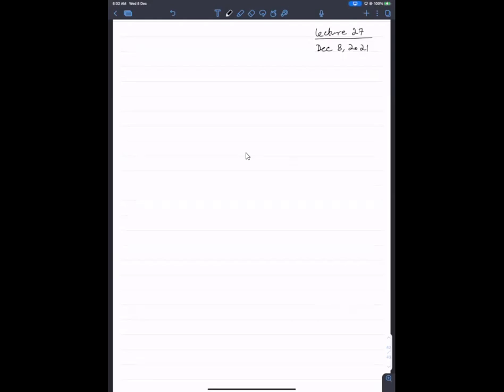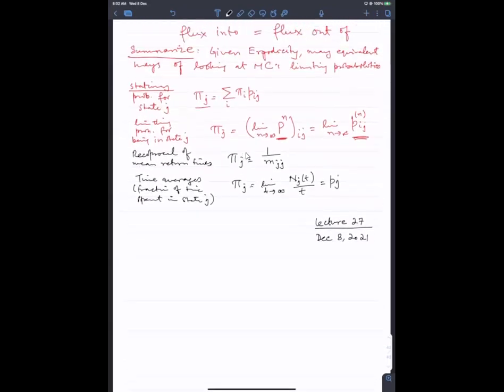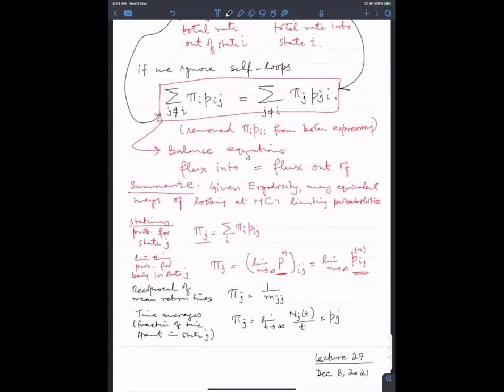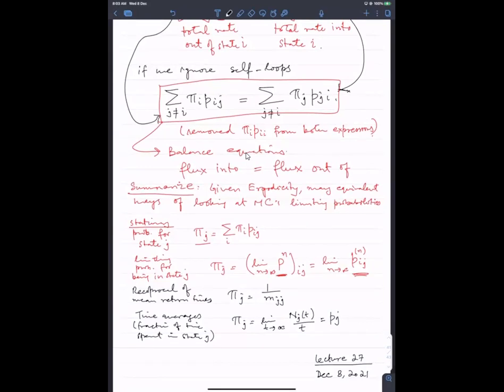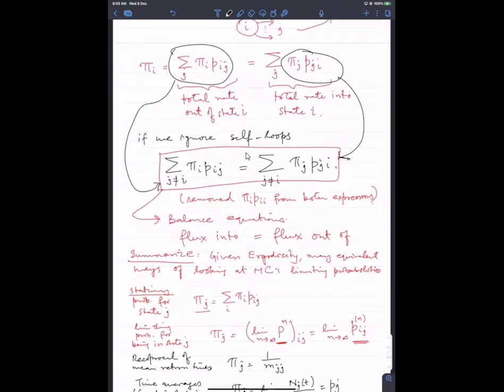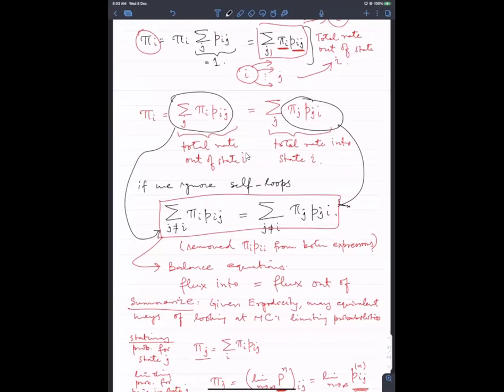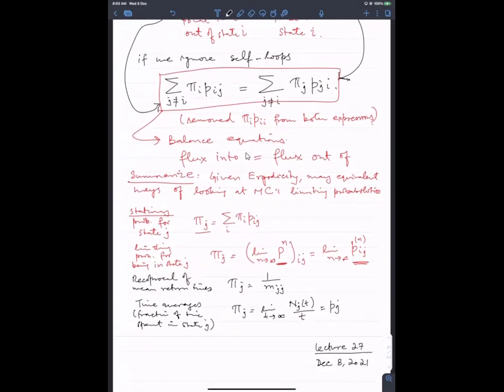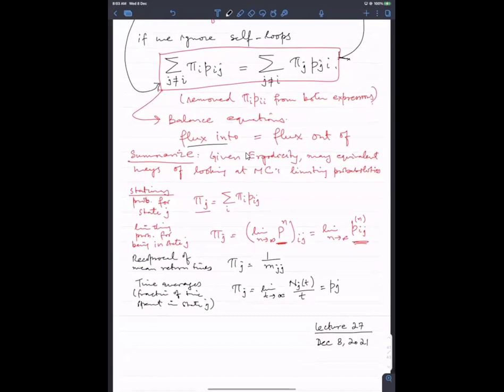So last time we finished our discussion on discrete time Markov chains, and we looked at various different views of discrete time Markov chains. We also looked at the flux flow from each of the states, which is the summation over i of pi i Pij, the flux out of the state. And then we looked at the balance equation view, which is that flux in is the same as flux out.